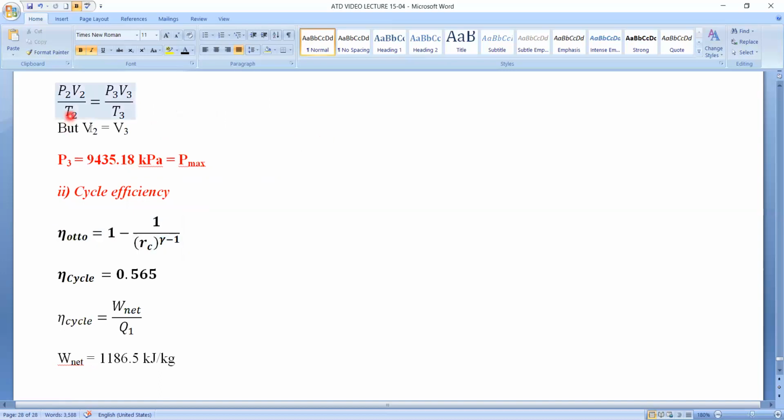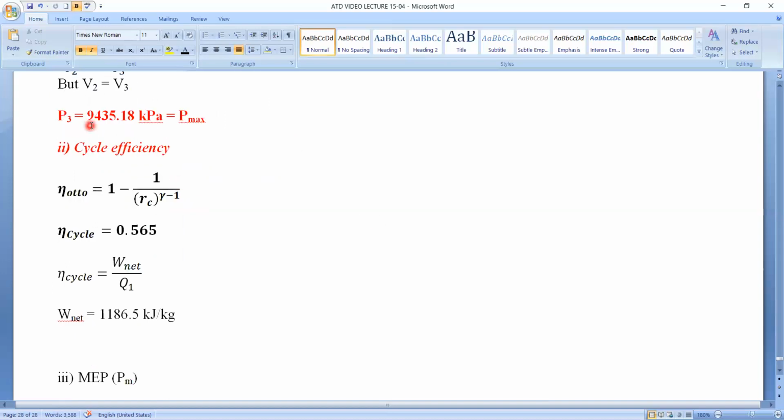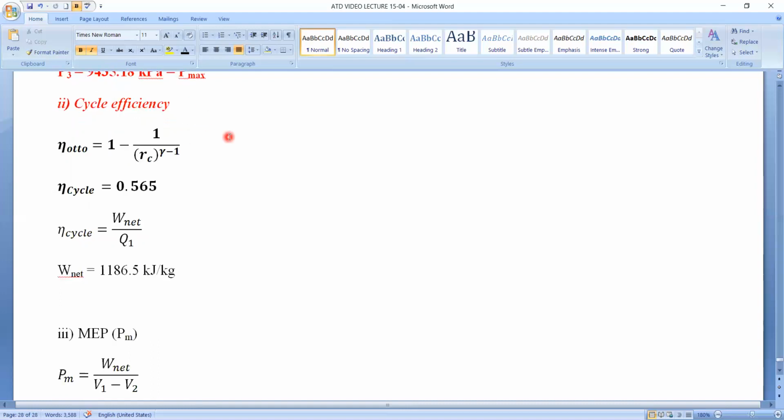You know T2, you know T3, you know the value of P2, just do the cross multiplication and get the value of P3. The expected value for P3 is 9435.18 kilopascals, which itself is the Pmax, the maximum pressure or peak pressure of gas in the cycle.